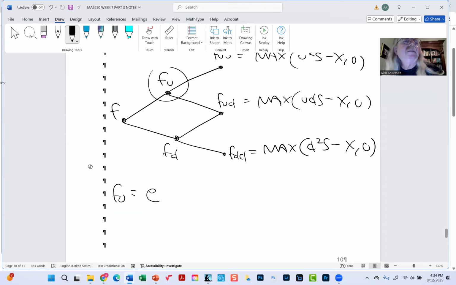I think the best way to express this is to show the two values: one if exercised early and one if not exercised early.